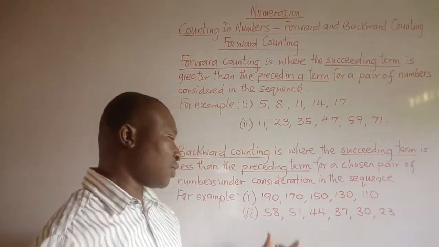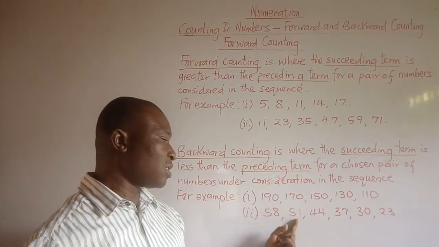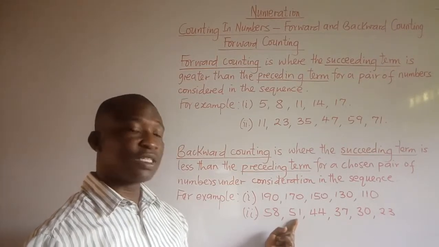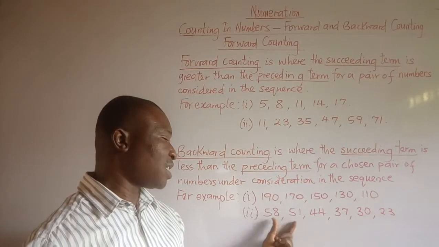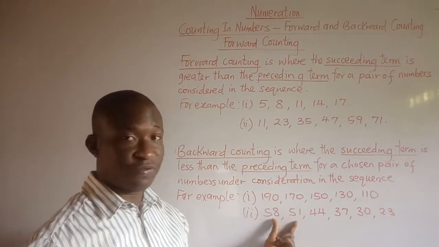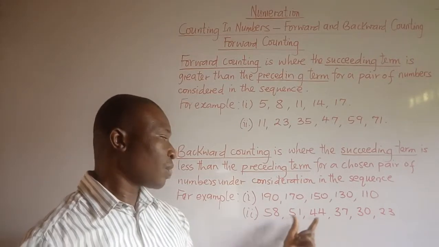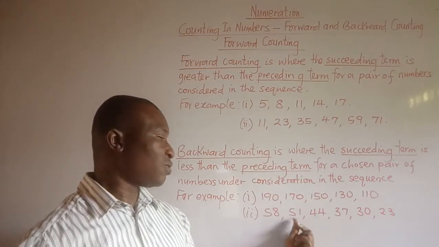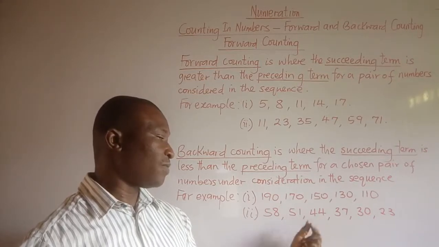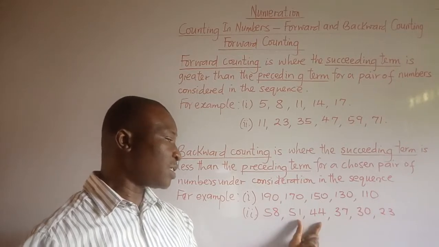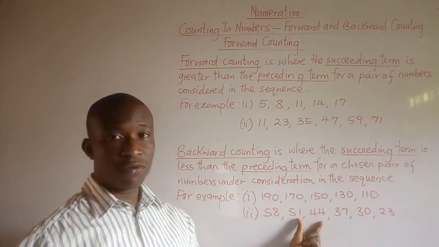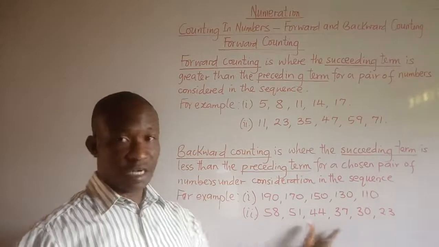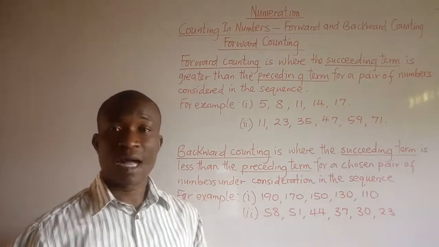In this example, you will discover that the succeeding term 51 is less than the preceding term 58 in this pair 58 and 51, sorry. And also 44 is less than 51. 44 the succeeding term, 51 the preceding term in this pair 51 and 44, and so on. This is another example of backward counting.